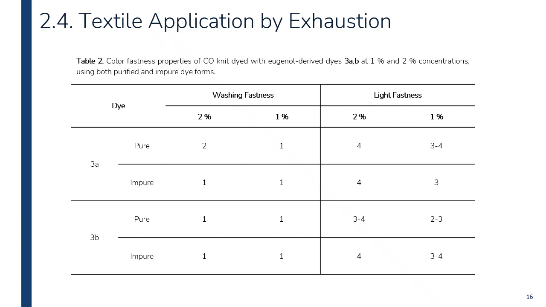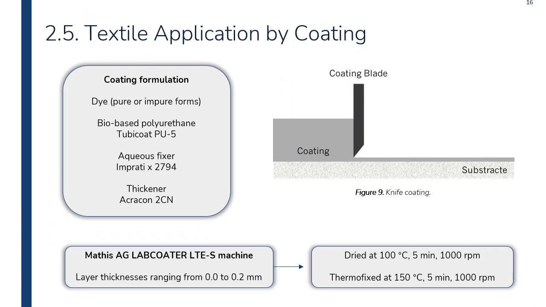These findings indicate that despite the intense color achieved, dye fixation during washing needs improvement, possibly using mordants or optimizing dyeing conditions, while the light fastness is promising for applications with limited sunlight exposure.